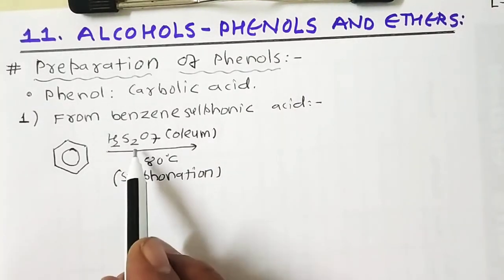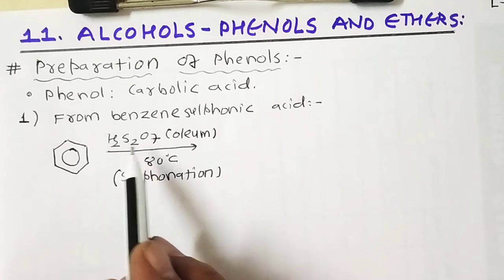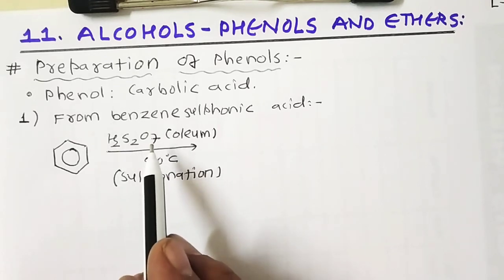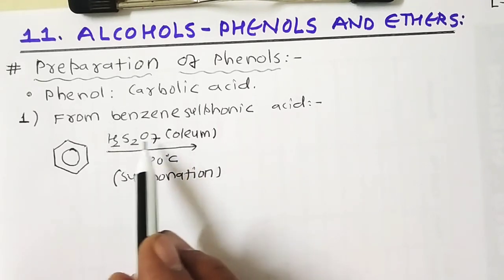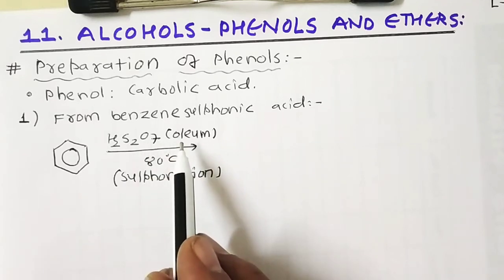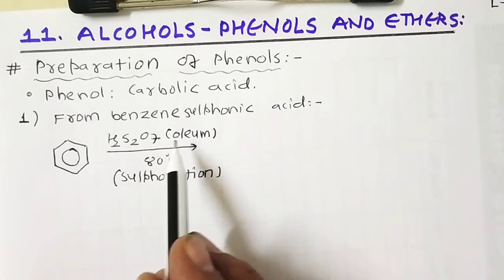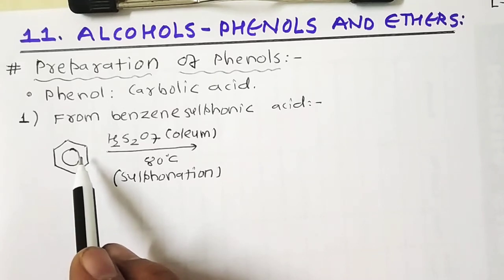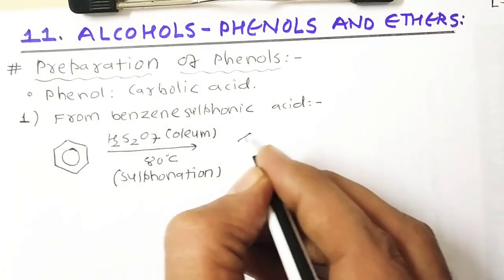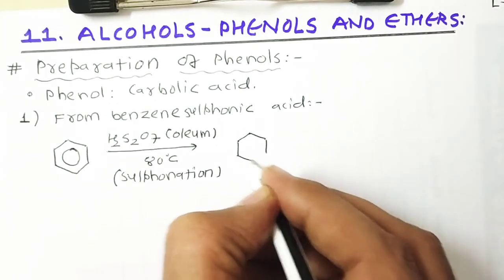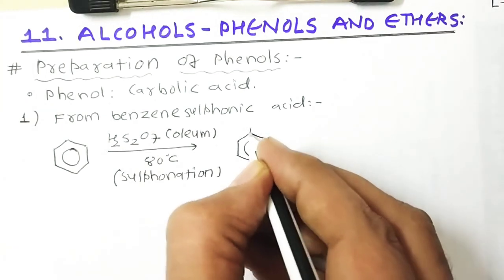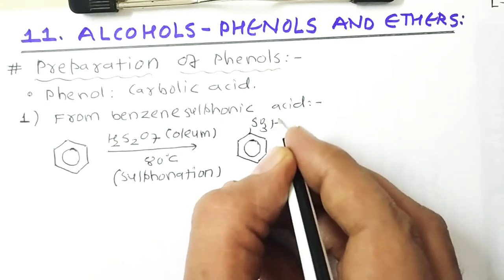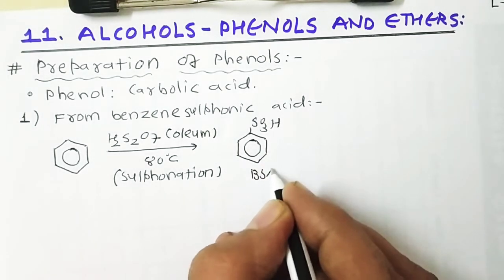In these reactions we take H2SO4 plus SO3, and they react with each other and convert into SO3H+, which is attracted towards the pi electron cloud of the phenyl ring, and there is a substitution of H with SO3H, so we get the product benzene sulfonic acid.